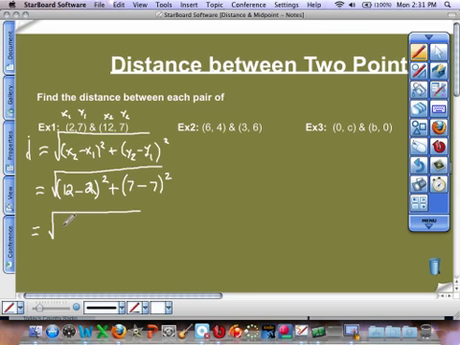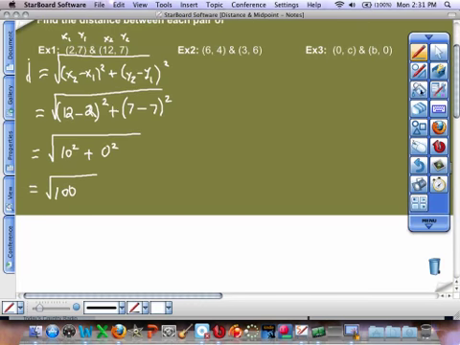We're left with 10 squared. 7 minus 7? Alright, so what's 10 squared? 100. What's 0 squared? 0. So what's the square root of 100? And we're done. Last distance.